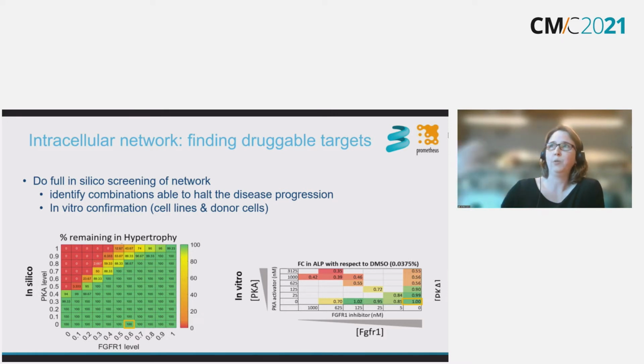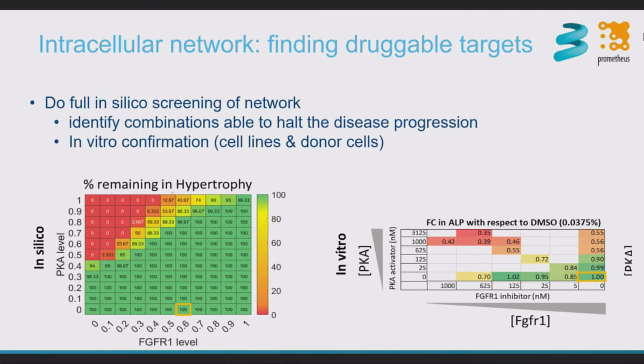Because with this model, we used an additive approach to make it dynamic and to really be able to do simulations. And here you see the result of such a simulation on the left-hand side, where we did a full in silico screening, looking at combinations of factors in the network that could potentially make sure that a cell that was on its way to become a diseased cell, an osteoarthritic chondrocyte, so a hypertrophic chondrocyte, would stop that transition.